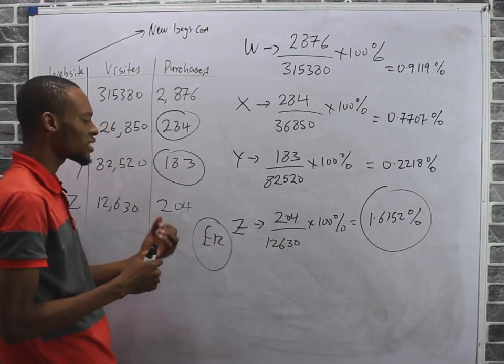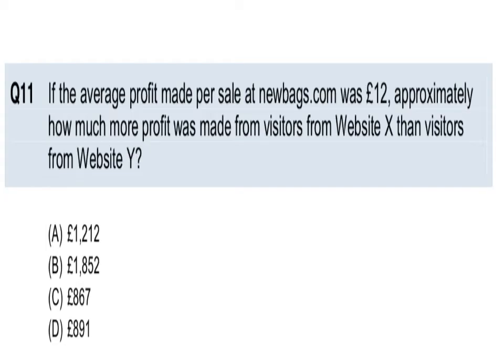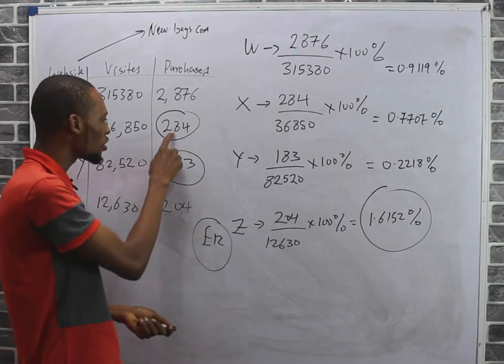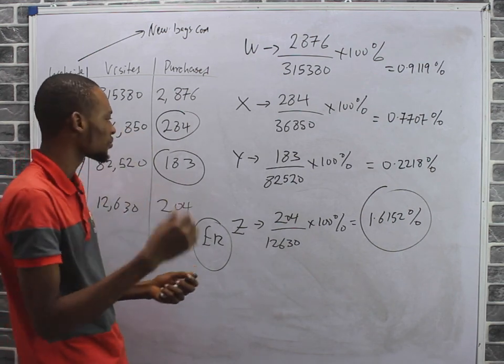You can do this in two ways. You calculate the profit made from website S, or the amount made from website S. It will simply be 284 times £12, since it is £12 per sale.